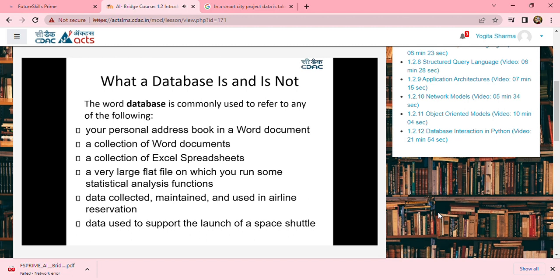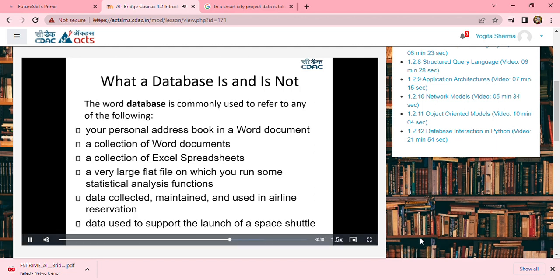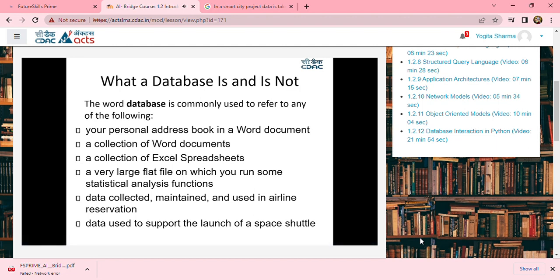Now, if you see here, your personal address book in a Word document may not be a database, whereas the collection of Word documents might be a database. The collection of Excel spreadsheets is a database. So that means whenever you are collating certain things together, only then it becomes a database, right?